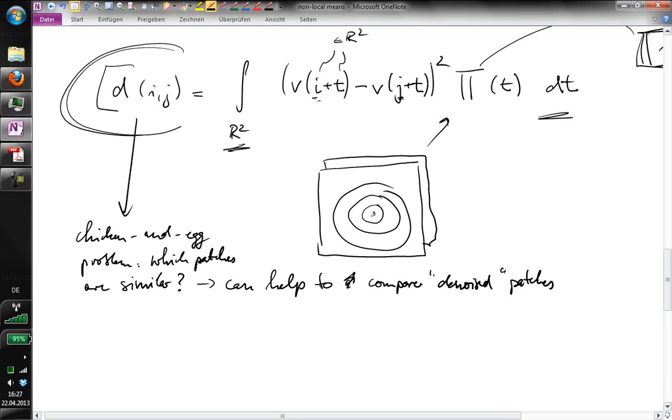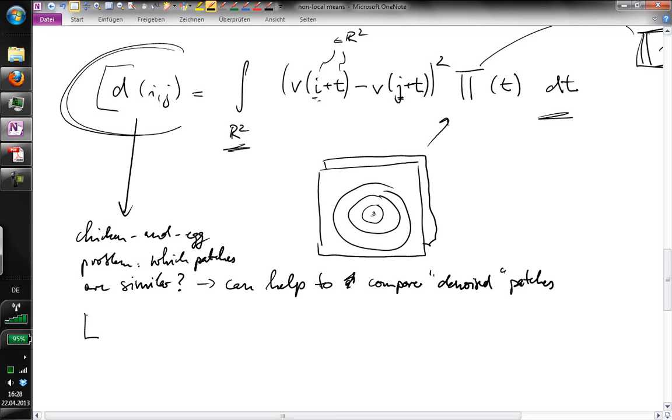Again, the whole point of the entire method is denoising, but there are also denoising methods, wavelet based and others, that are independent of the image that you're looking at, and you could use one of those.